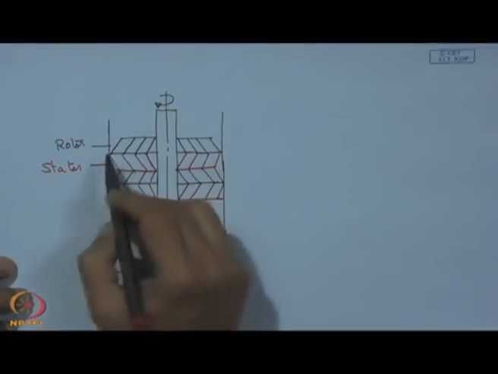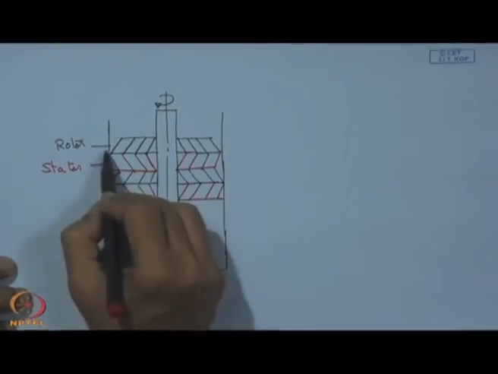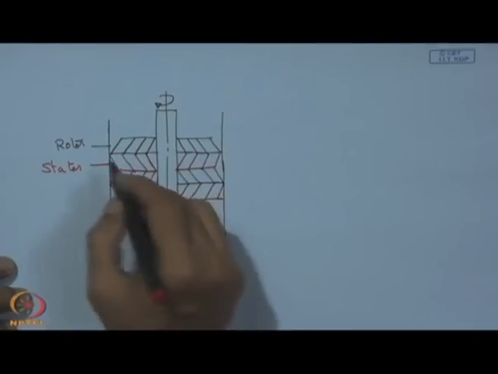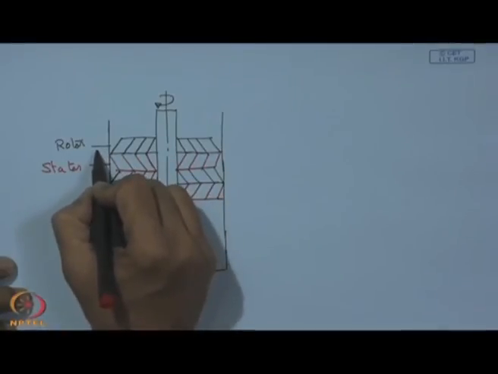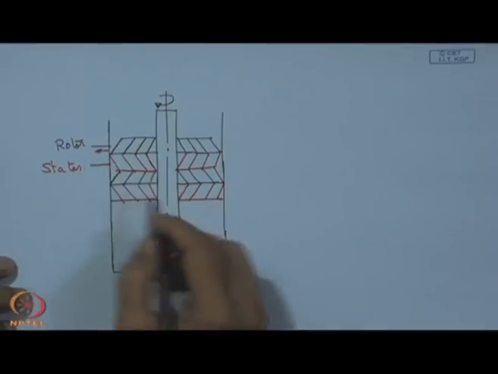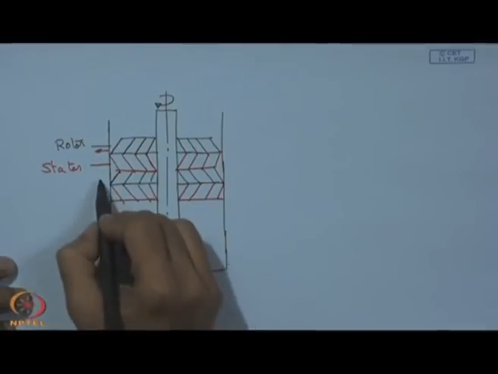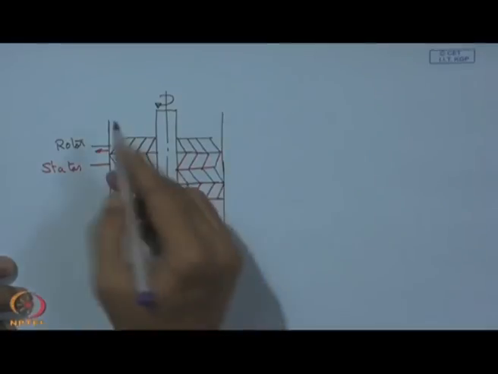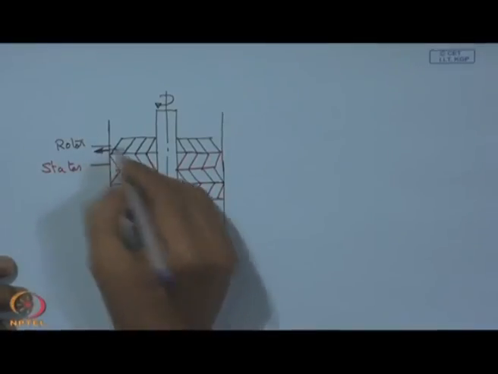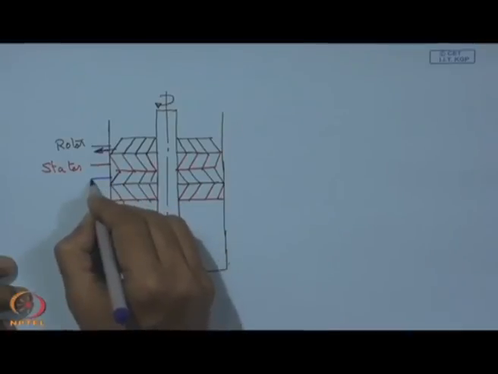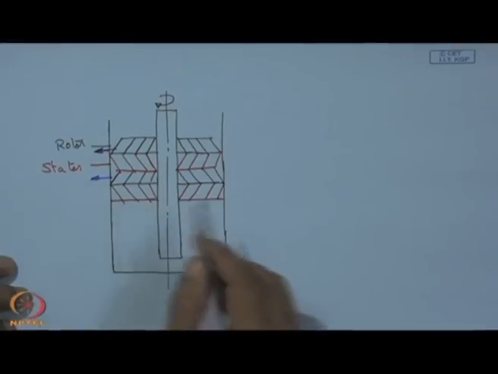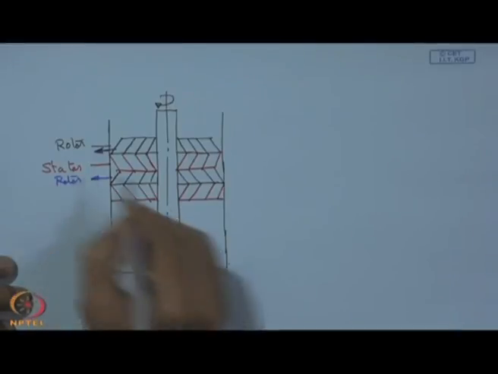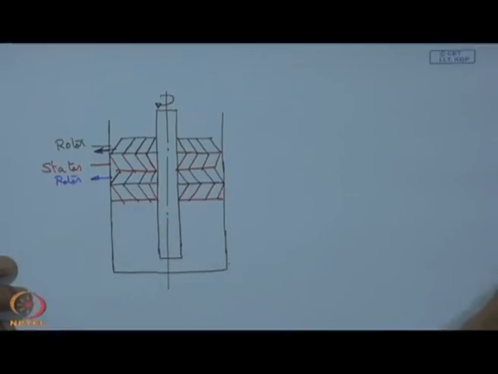The whole thing is rotating. If we consider the linear velocity, it will be directed in this direction. This is also another rotor, moving in this direction, and this is the stator.